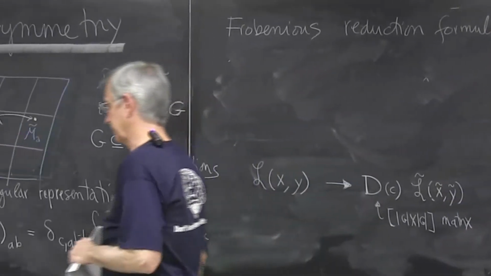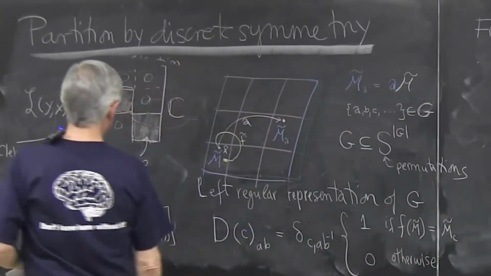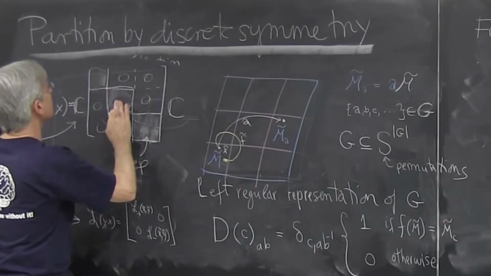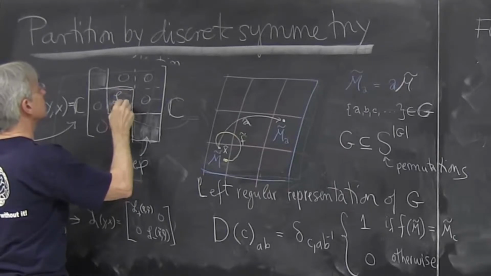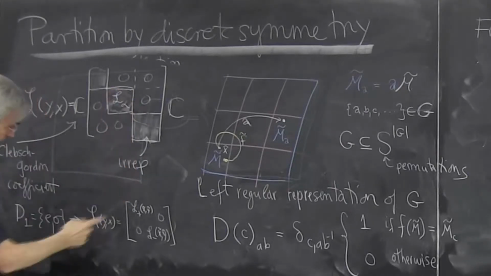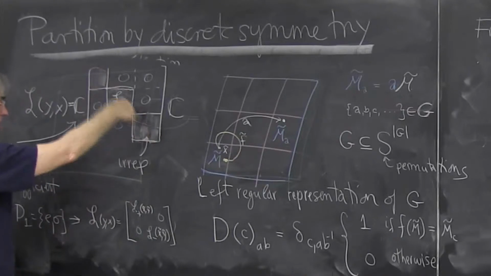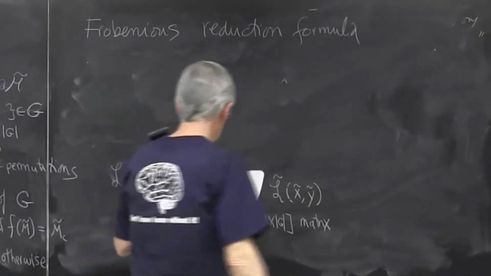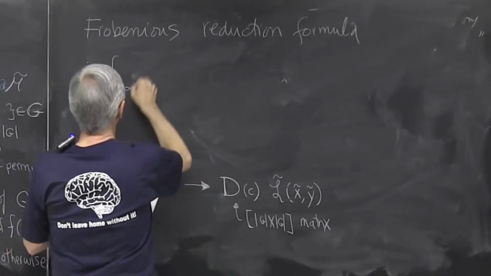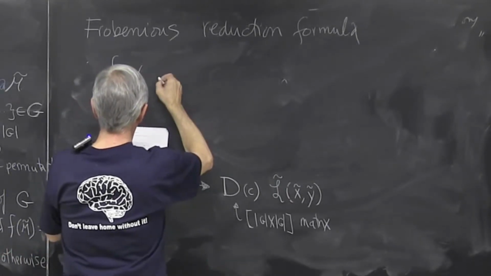And the formula says that if I want to find one of these guys, lambda of alpha, like plus and minus, but now the labels run over irreducible representations, I can obtain it from the original function by a projection operator.